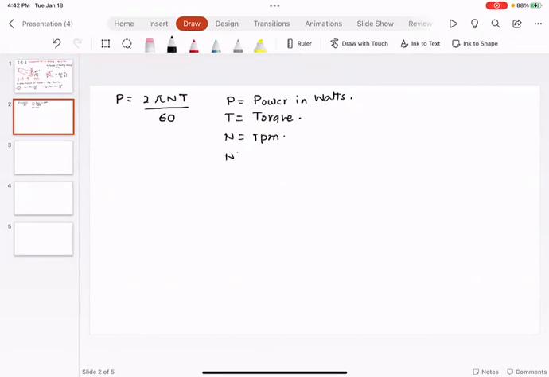So N divided by 60 is going to give you RPS. Alternatively, the power transmission P is given as the product of torque and angular velocity.